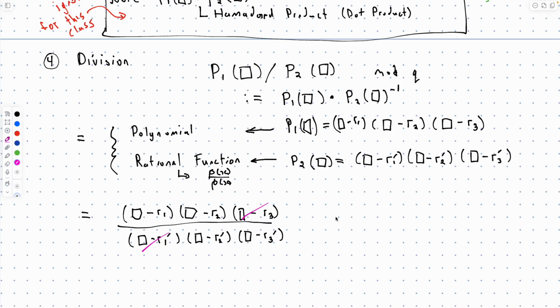So we'll get an even division when the denominators' roots are roots of the numerator.